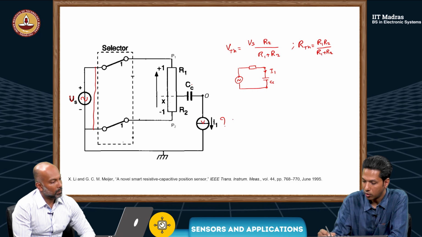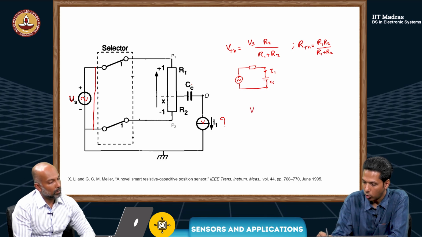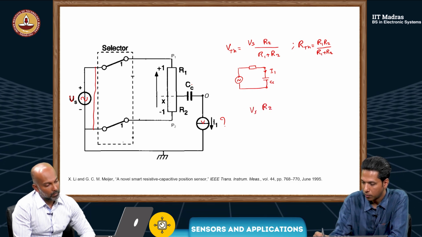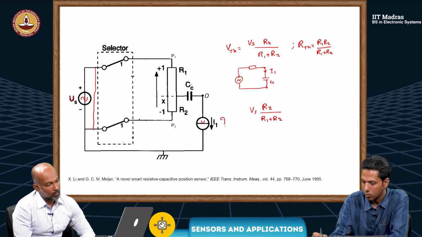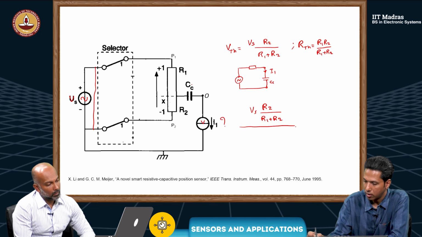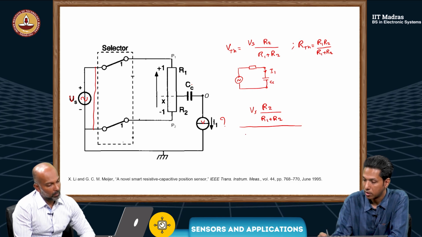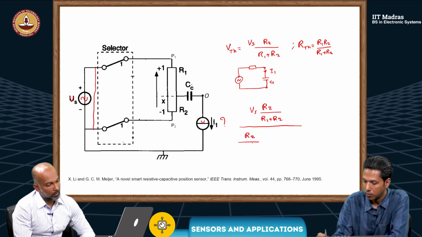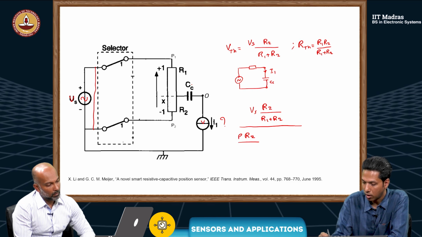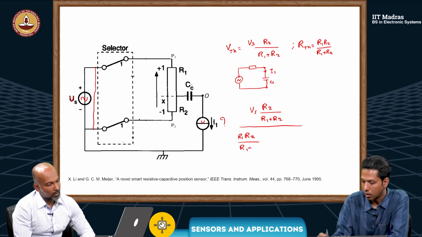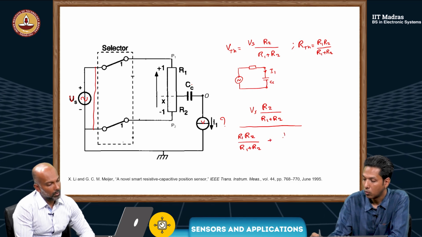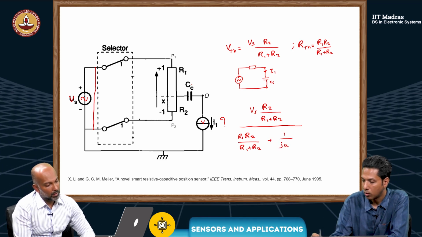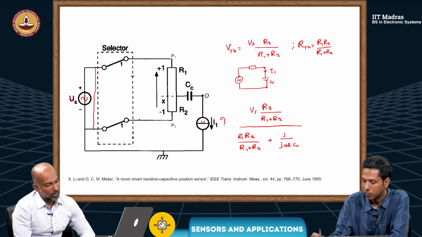So I1 will be Vs into R2 by R1 plus R2, divided by the total impedance, which is R1 R2 by R1 plus R2 plus 1 by J omega CC.